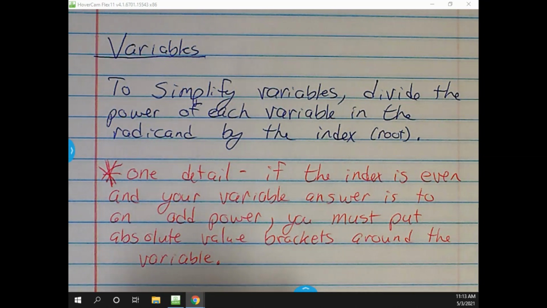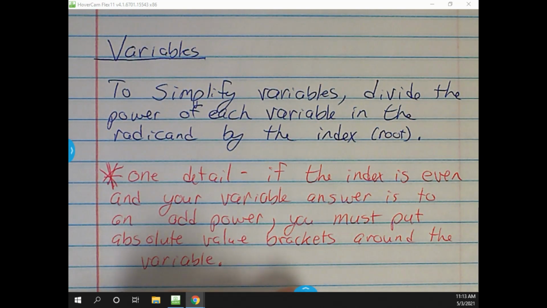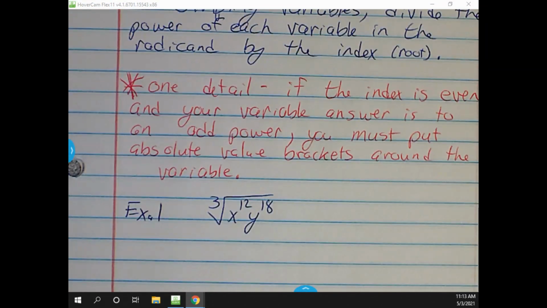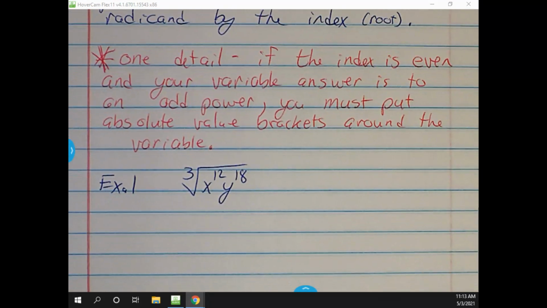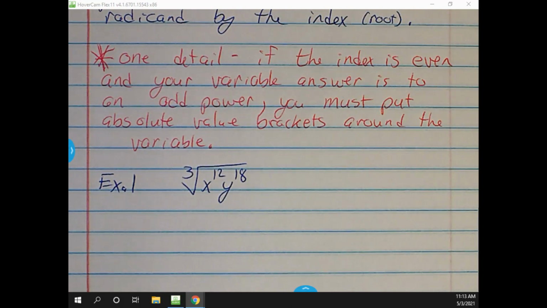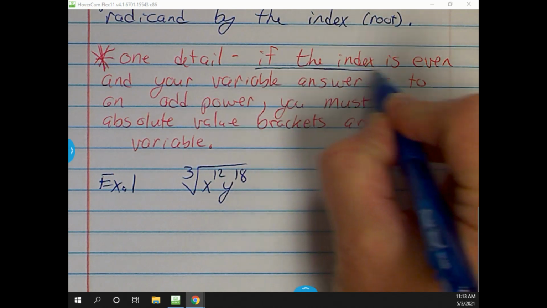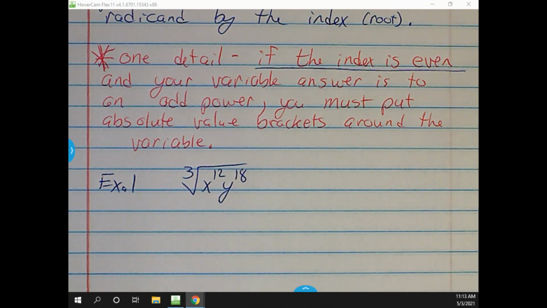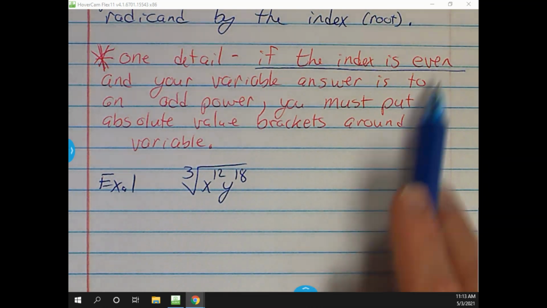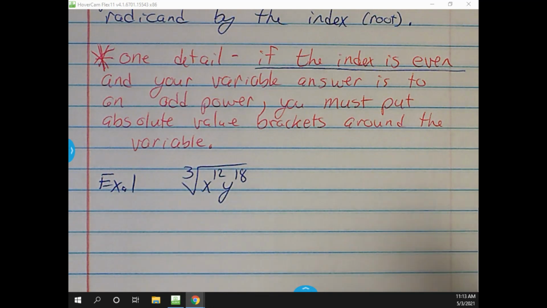All right, so we'll give you some that, again, just have to kind of look at what the options are. So we've got the third root of, let's do x to the 12th and y to the 18th. Okay, it says if the index is even, this is an odd index, so we don't have to worry about this.